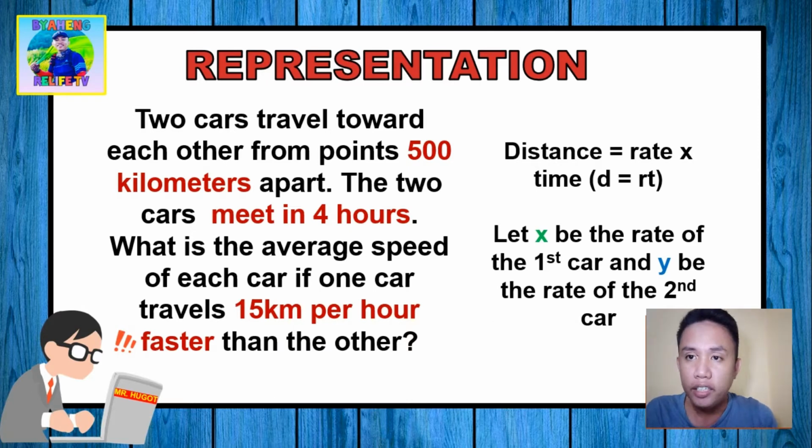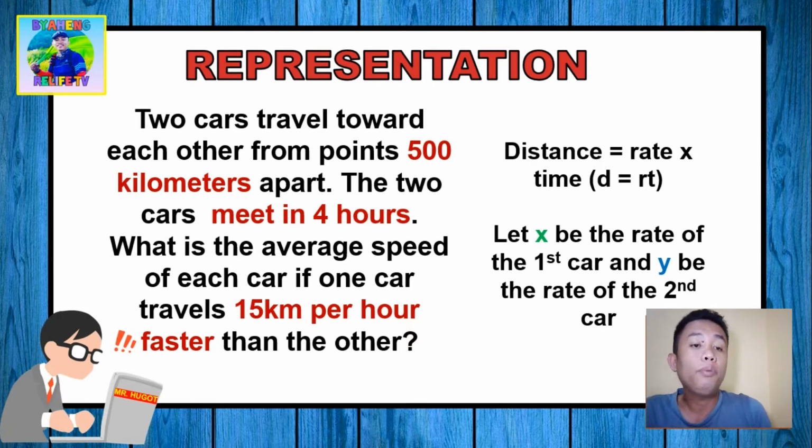Pag sinabing rate, ito yung gaano siya kabilis over the period of time. So sabihin, for example, ang kayang tumakbo ng sasakyan na 40 km per hour. Ibig sabihin, kaya nyo mag-cover ng 40 km sa loob ng isang oras. Yun ang tinatawag na rate. Samantalang yung time naman, yung duration ng kanyang pagtakbo.